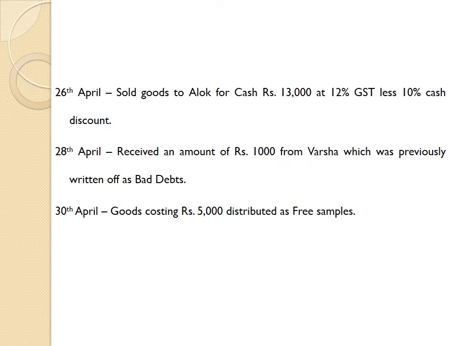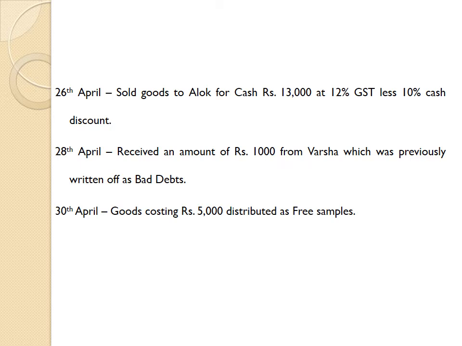On 16th April, sold goods to Alok for cash rupees 30,000 at 12% GST less 10% cash discount. Here we have given a discount to Mr. Alok, that is cash discount on 13,000, that came to rupees 1,300. But we are considering here 12% GST.